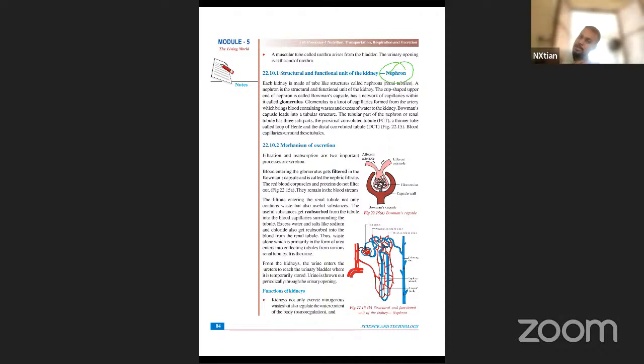Before pouring it into the cup, we take a filter, in Hindi it's called chalni. We pass the tea through it so that the tea leaves are filtered out and the tea goes into the cup. This is how it works.